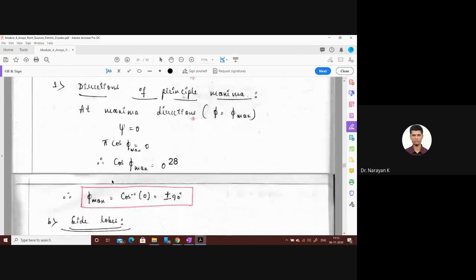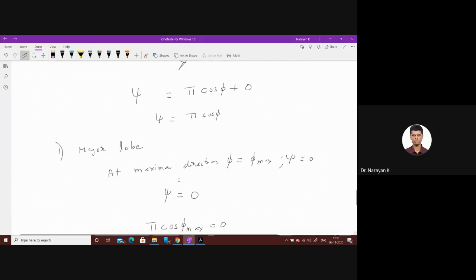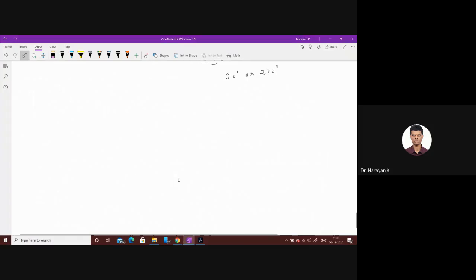Okay. Fine. So we got 90 degrees. Next, we should find the subsidiary maxima, subsidiary minima, and subsidiary maxima. That is the side lobes. In that, first we will find the minima direction. For minima, what do I have to do?